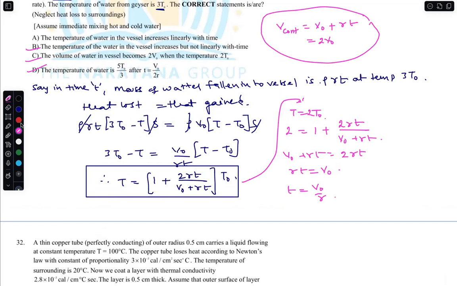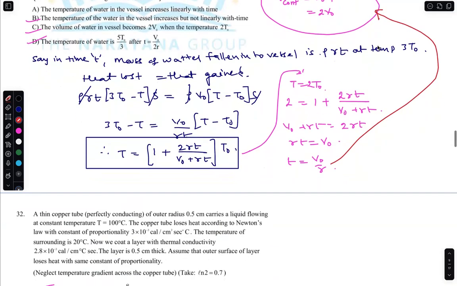Under which conditions? Under this condition, the temperature of the water is 5T naught by 3. Put T is equal to 5T naught by 3, do the same process, and you will get small t as the answer.